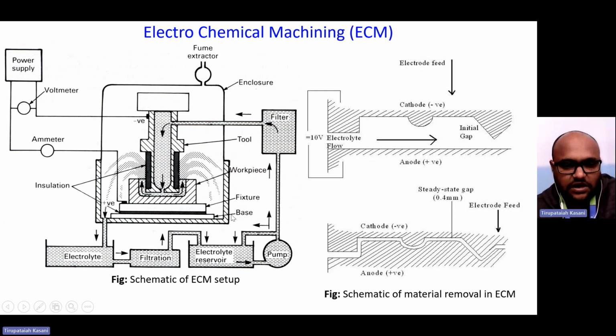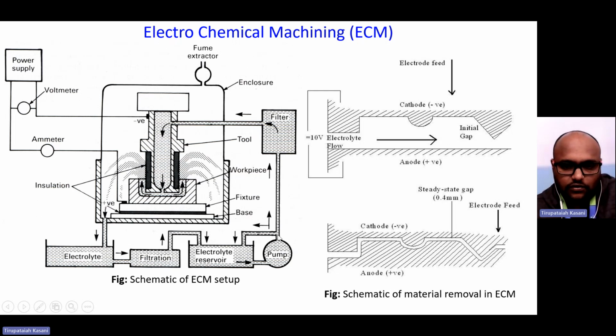This is the base or the table, this is the fixture and this is the workpiece. As you already know, the shape of the tool and the cavity produced over the workpiece are the same. If you observe these arrow marks, the flow will be from the pump to the filter to the tool.